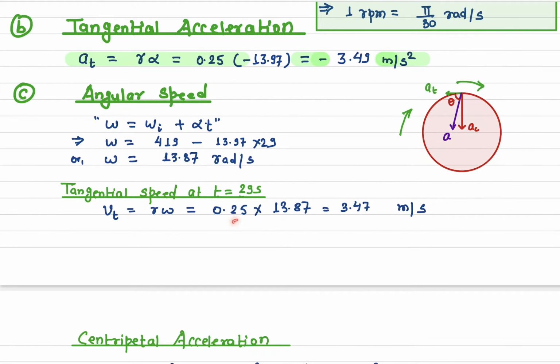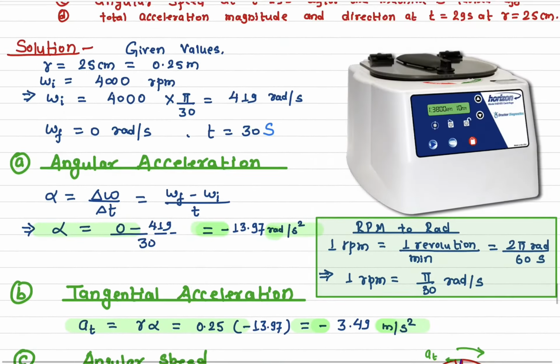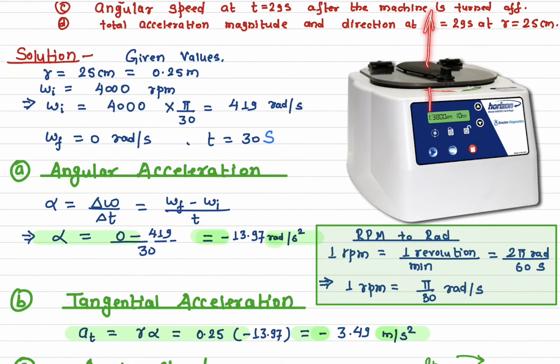So 25 times 13.87, if you multiply, you'll get 3.47 meter per second. Just take a note here. The angular speed has a unit of radian per second, and here it has a unit of meter per second. Remember, the angular speed direction can be either upward or downward, but the linear speed is at the tangent.